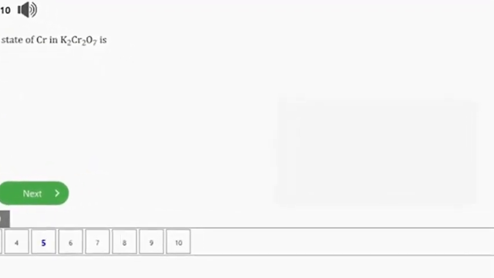Let's zoom into our workspace here. Over here we have potassium heptaoxodichromate. The first thing we are going to do, in order to get the oxidation state of chromium, is find the valence of the other elements.